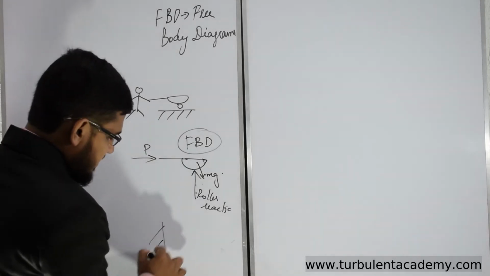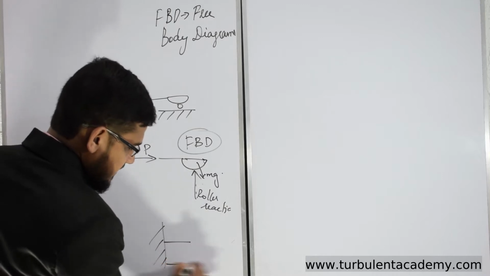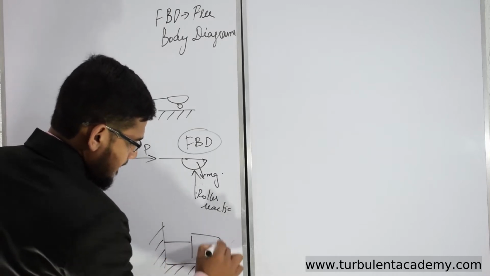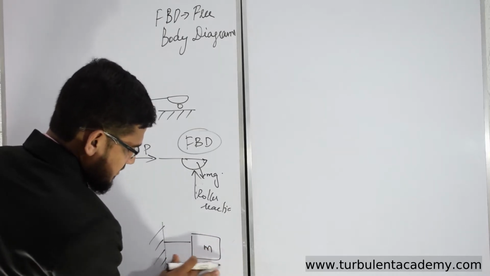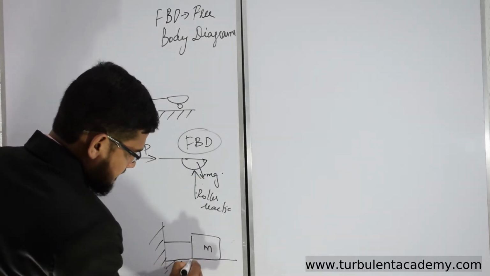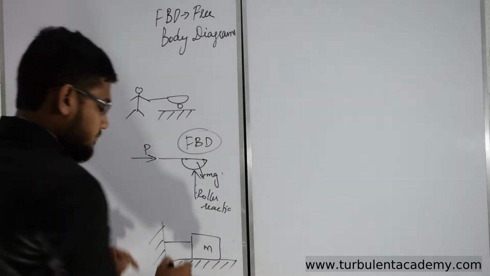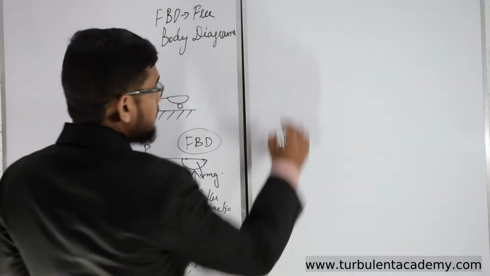Assuming I have a wall, a string is attached to it, and a mass M is connected to the ground. Draw the free body diagram of mass M. What will we do?